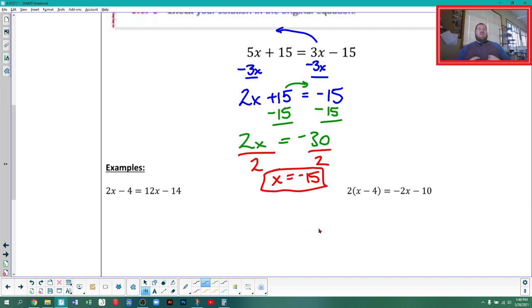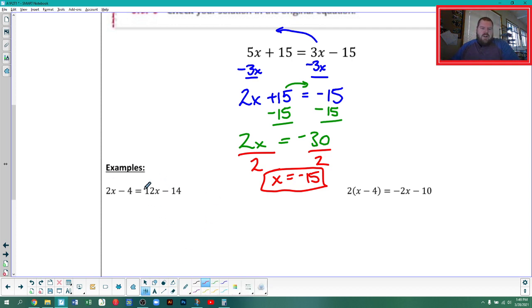I don't have two number terms on one side that I should combine. So in other words, steps 1 and 2 from up above are already done.